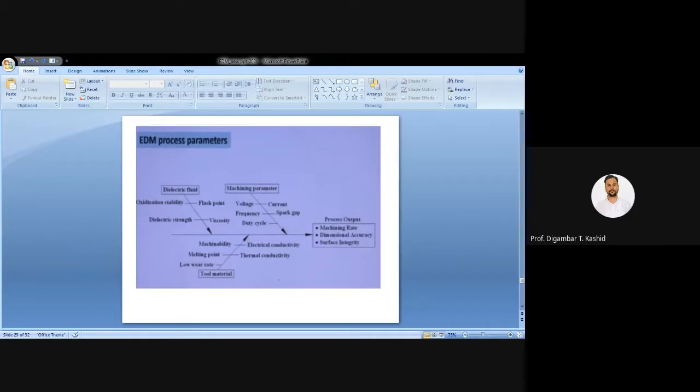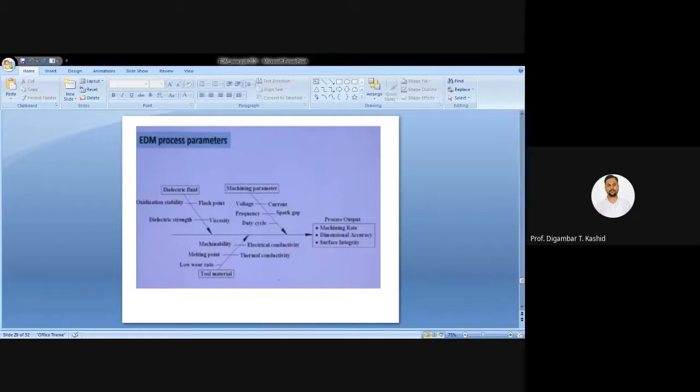Again, you can use this EDM process for removal of broken taps, drills, studs, reamers, and pins, etc. Then this process can be used to produce complicated shapes. And the most important is that in EDM, no mechanical force is required, as it acts in conventional machining.